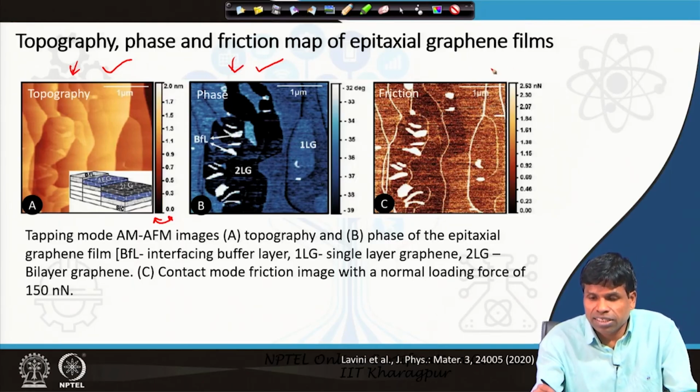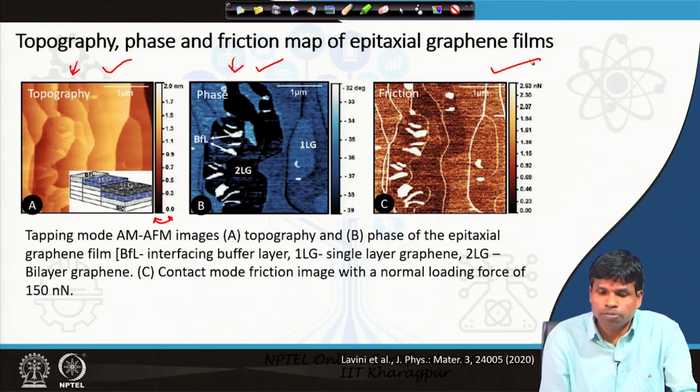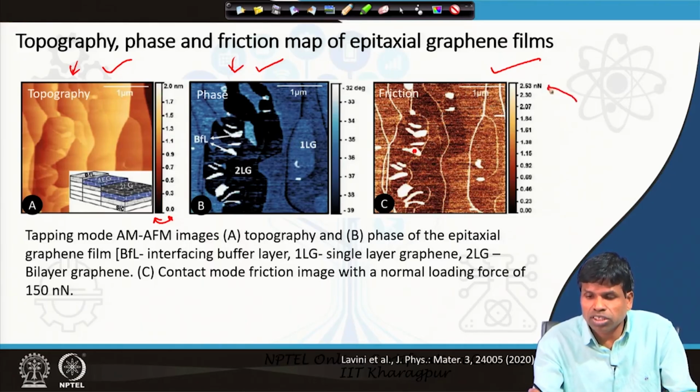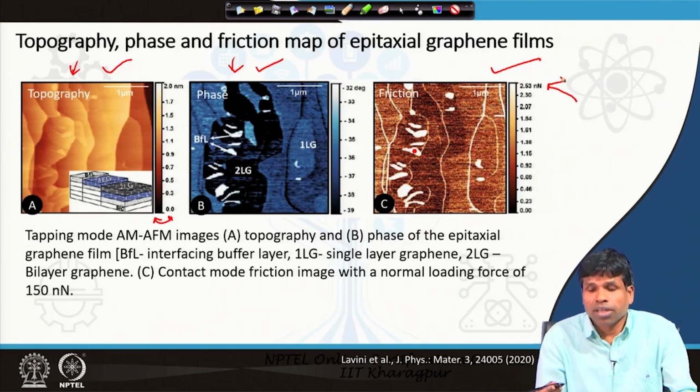Another interesting thing you can see is in the frictional properties. In the frictional image, you see three different contrasts. One is this very bright contrast. At bright contrast we measure a higher deflection, a higher frictional coefficient, so the force acting on the tip is more, and we see a higher frictional force.